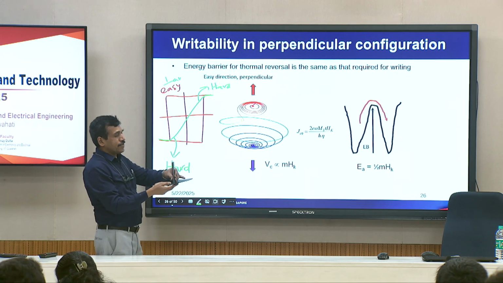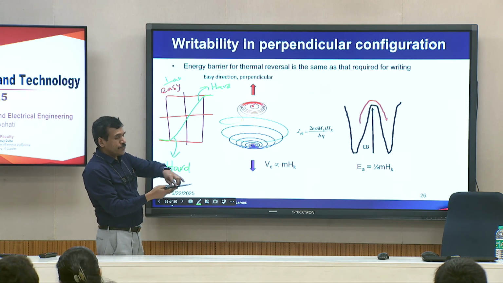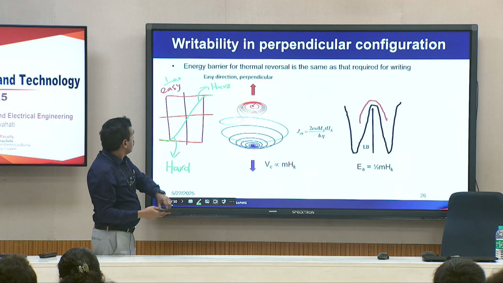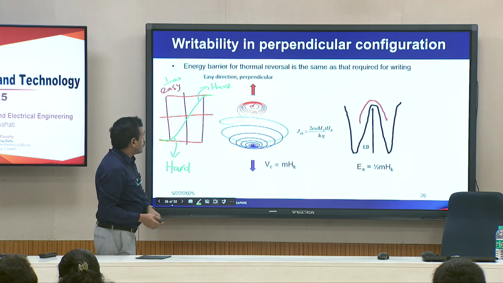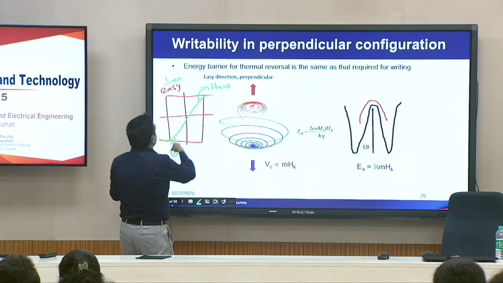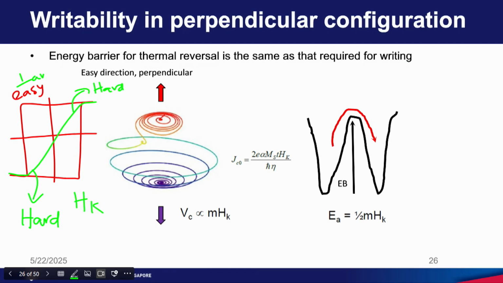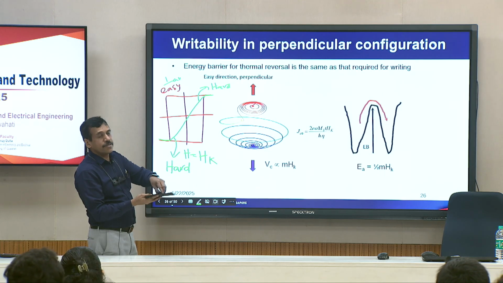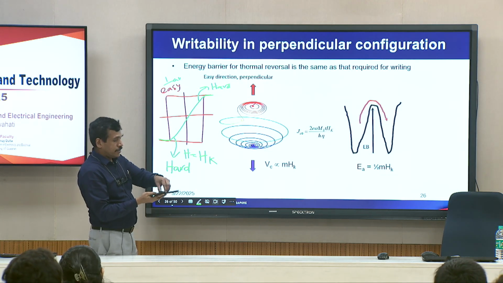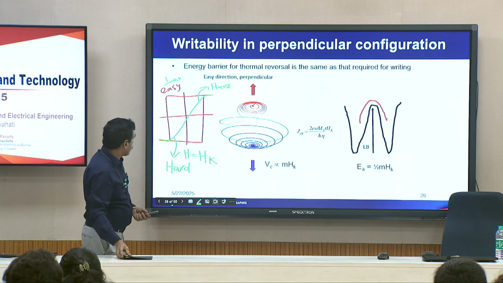Okay, so if you want to make the magnetization lie parallel to the MRAM, parallel to the wafer, you are just applying a field that's equivalent to HK. You apply a magnetic field equivalent to HK, then you can tilt the magnetization in the hard direction.